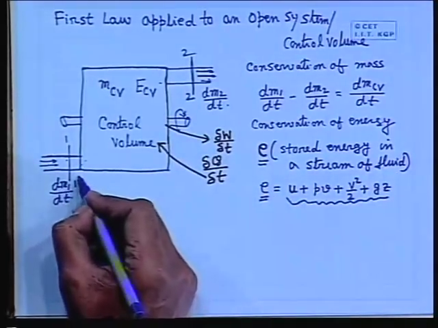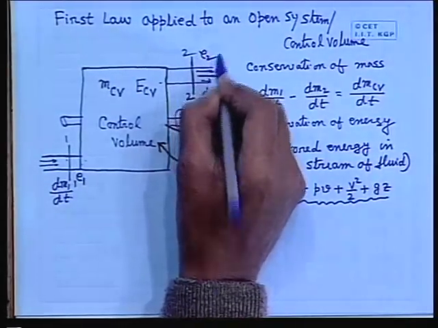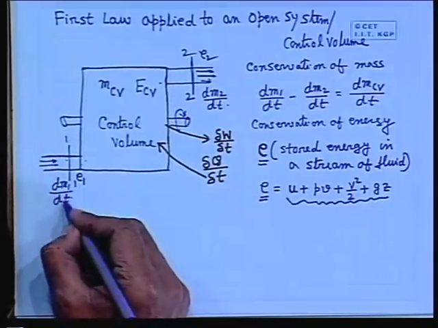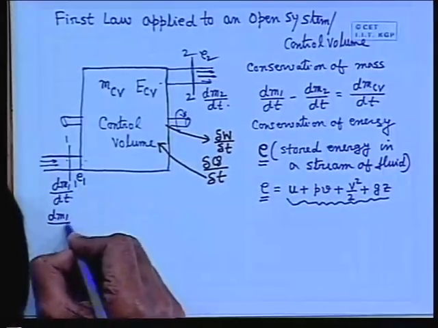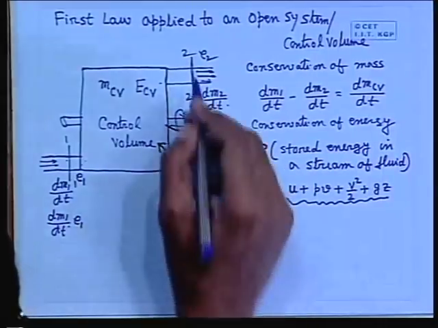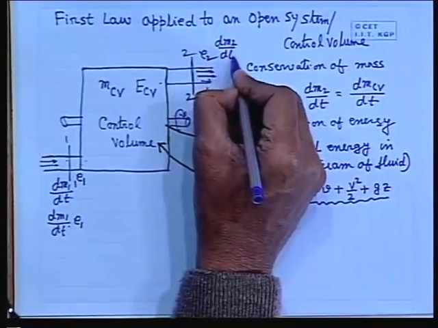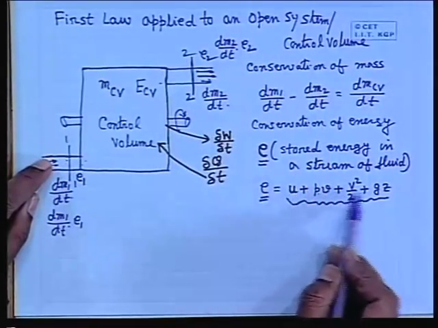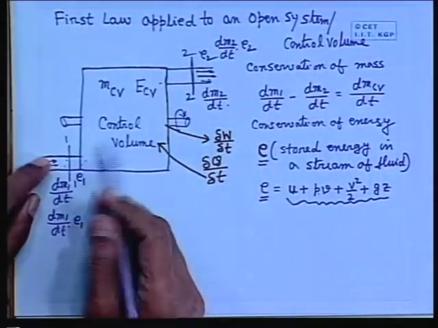Now therefore, if we designate it here as E1 and this section as E2, then we can write the energy coming in with this stream is dm1/dt into E1. Similarly, energy going out with this stream is dm2/dt into E2. Here one assumption is made. What is that? That all properties of the inlet and outlet streams remain invariant with time.